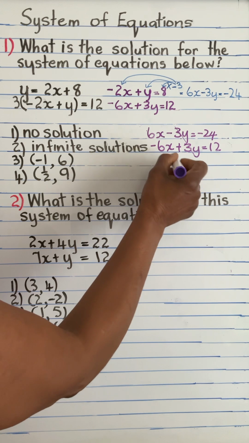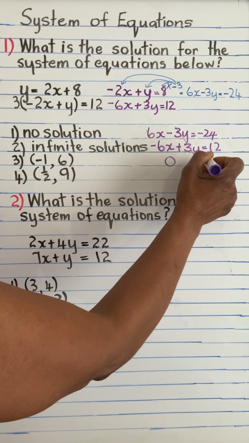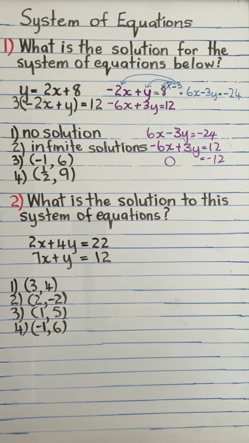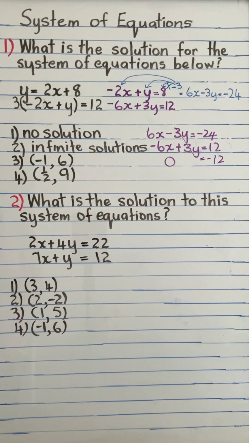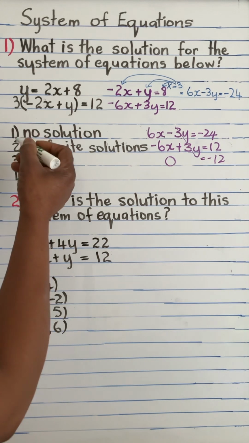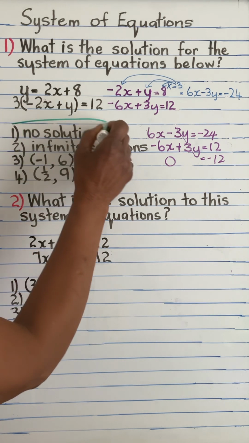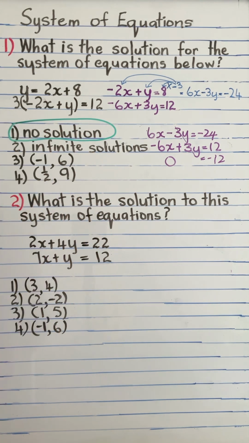So this is 0 is equal to negative 12. Right away, we realize that there is no solution. So looking at our options, the first option is our correct choice.